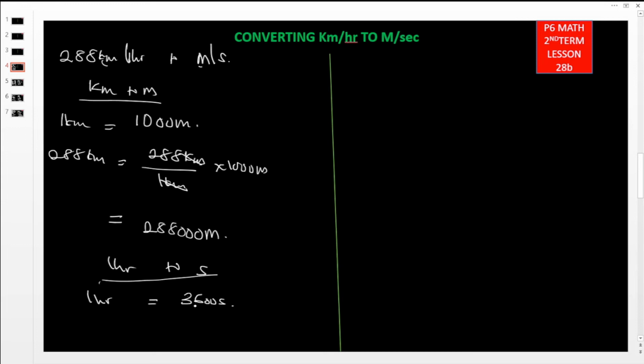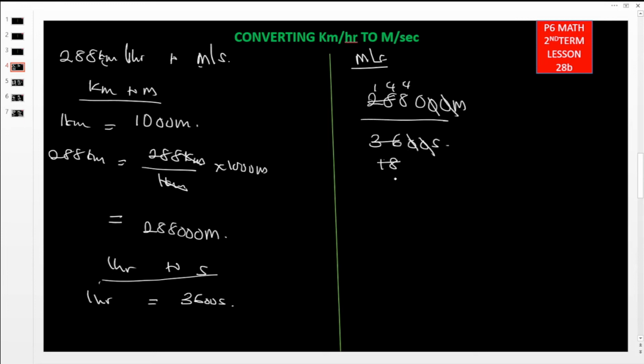Now let us get the last step here, that is meters per second, which is going to be our meters, 288,000 meters out of 3600 seconds. 0 by 0, then 0 by 0. Then by 2 we are getting 18, right? Then by 2, 144. Then by 2 we are going to get 9, right?